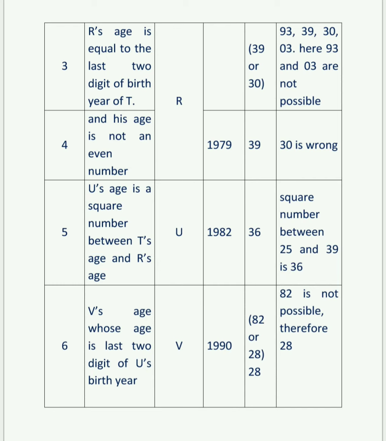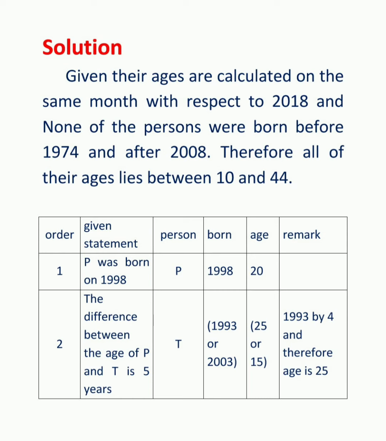Here 93 and 03 are not possible because all ages lie between 10 and 44. 30 is also not possible because R's age is not an even number. Therefore, R's age is 39 and he was born in 1979. Using this condition, T's birth year is 1993. Therefore, the age of T is 25.